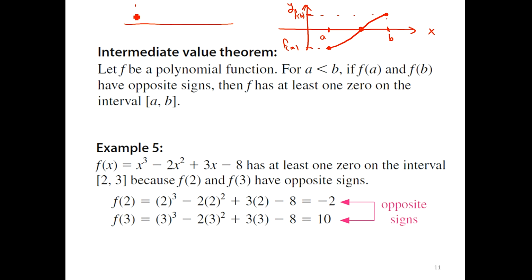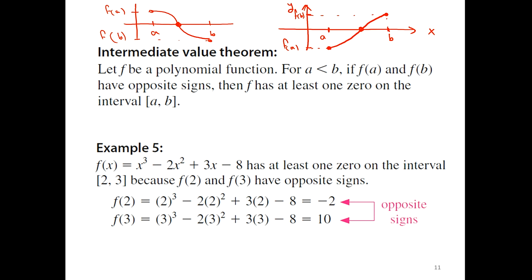Also, if we have a and b, with f of a positive and f of b negative, after we draw, we must have an X-intercept, and this is a zero of f of x.